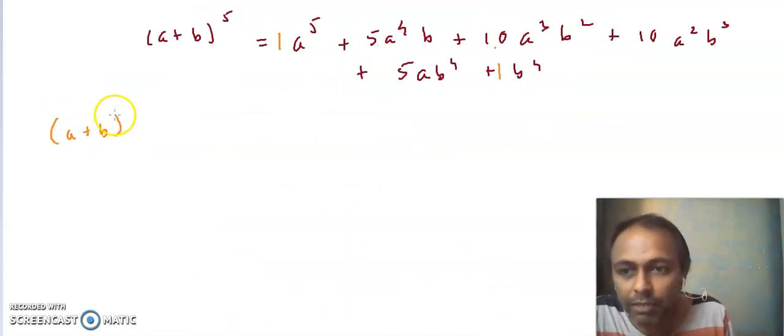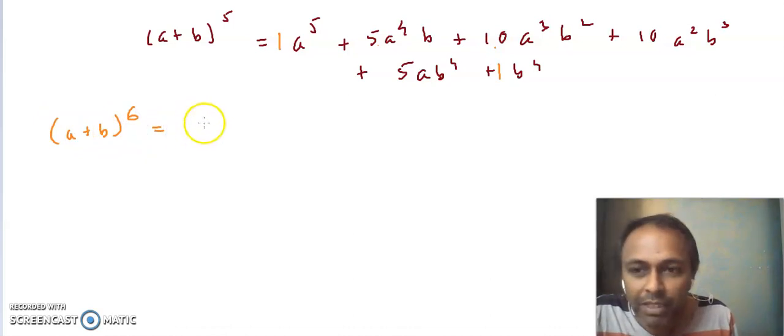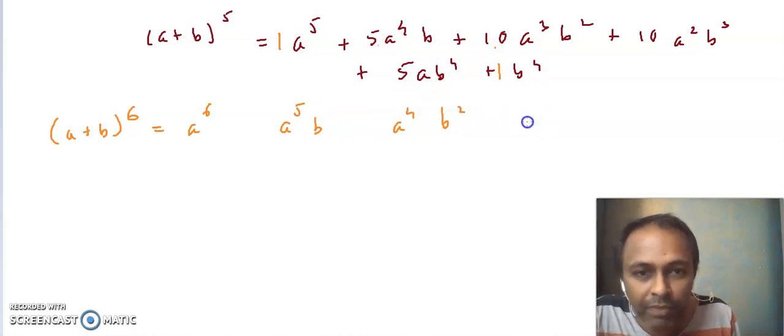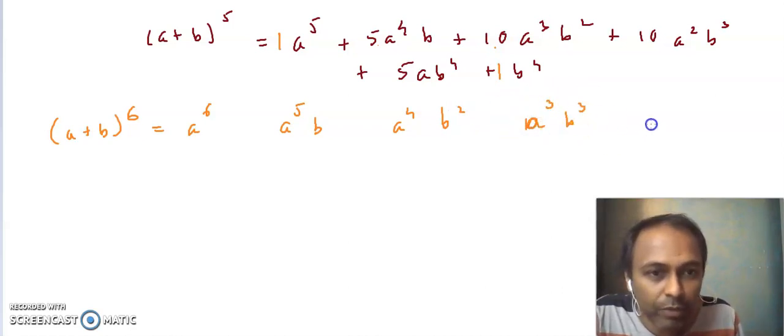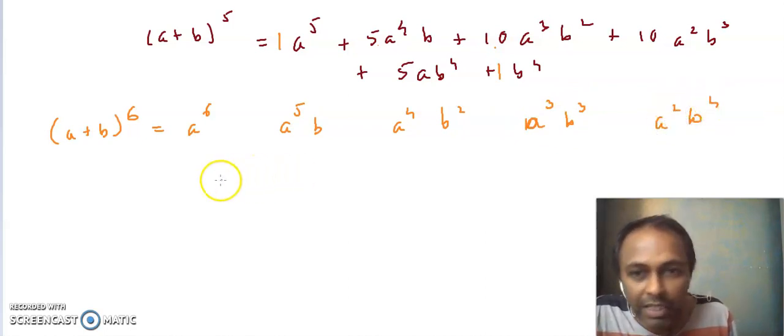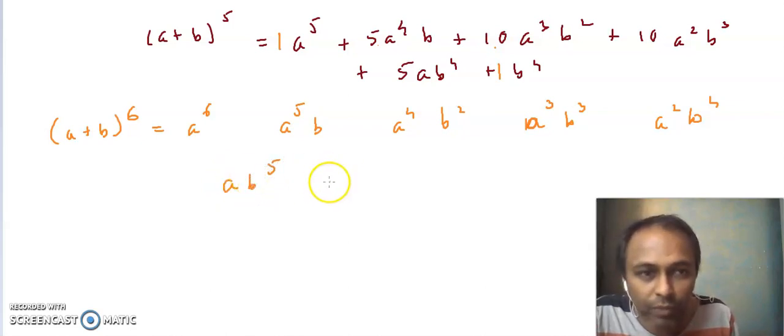Let's try to do (A plus B) the whole raised to 6. Let's try expanding. We know A raised to 6, then A raised to 5 and B will come, then A raised to 4 and B square will come. Again A's degree will reduce by 1, so it is A cube into B cube. A's degree will further reduce by 1, so it will become A square B raised to 4. Then A into B raised to 5. And finally, A's degree becomes 0 and B's degree becomes 6.